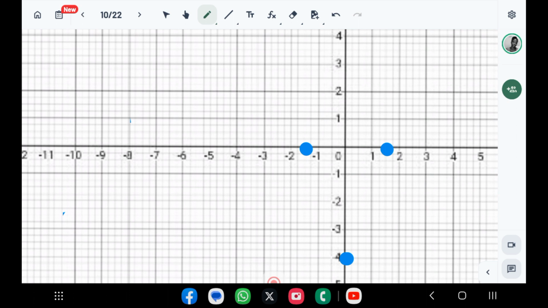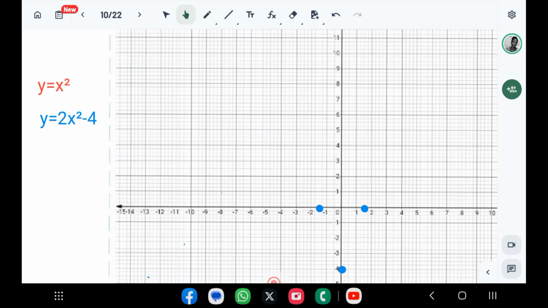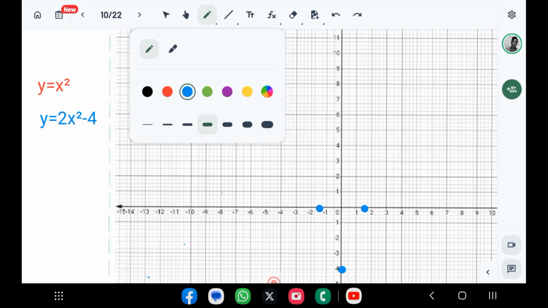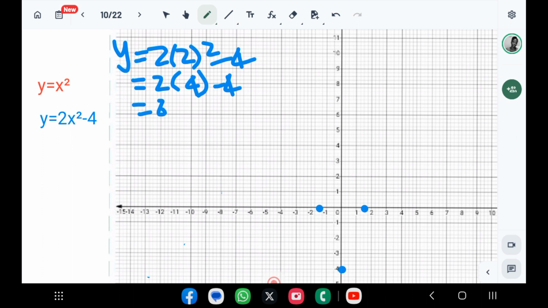And then let's figure out what happens when your x equals 2. y equals 2 all squared minus 4. So that is 2 times 4 minus 4, which is 8 minus 4, which equals 4.